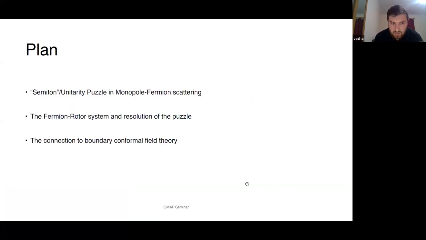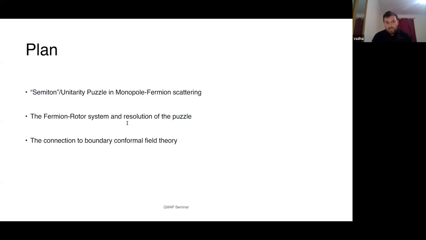I will roughly divide my talk into three parts. First, I will tell you about the semiton or unitarity puzzle in monopole fermion scattering. That is the motivation of all of this work. Then I will tell you about the Fermion-Rotor system, which is basically an effective description of this scattering process. And I will explain how in this effective description the puzzle can be resolved.